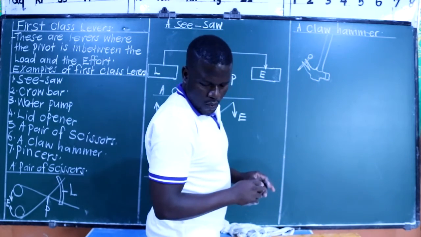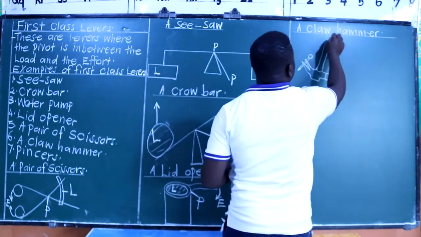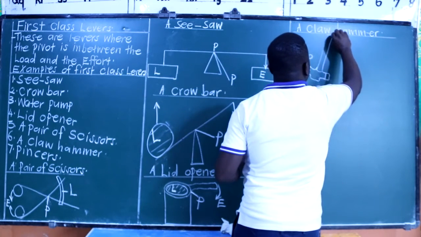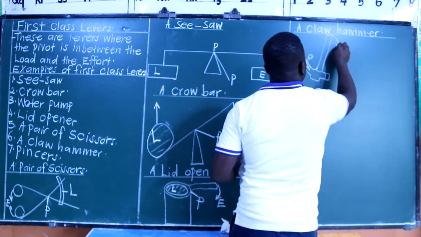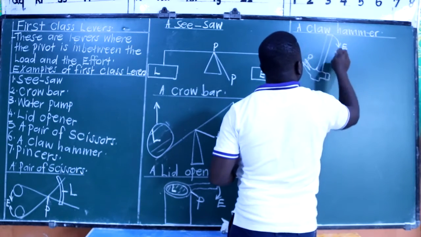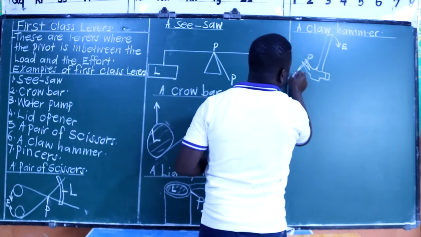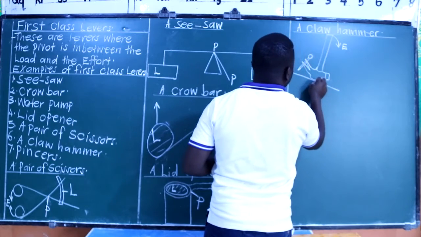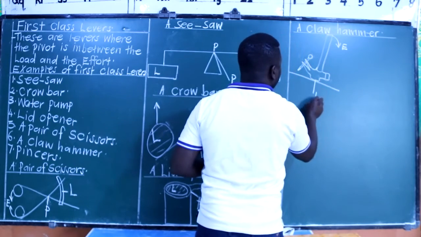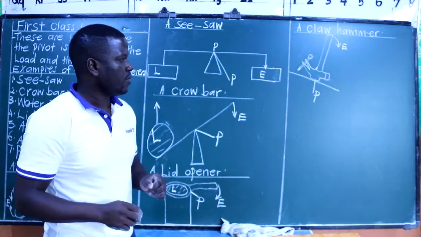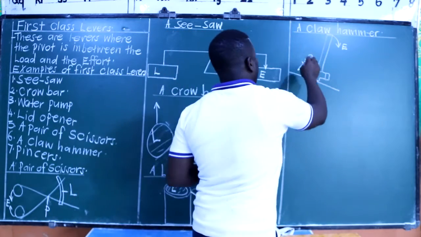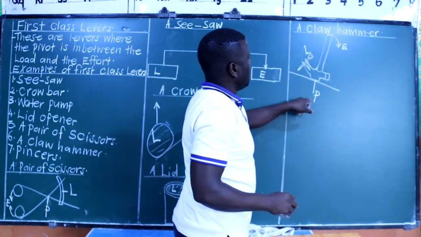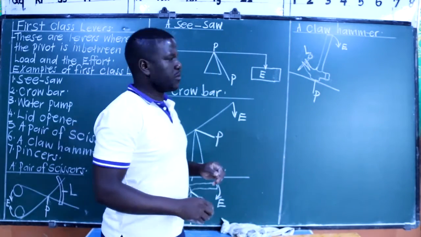Then we have the effort. This is the effort. Then we shall have the pivot there. This part is called the pivot. So this is the load. The load, pivot, then effort. That's what we are saying.